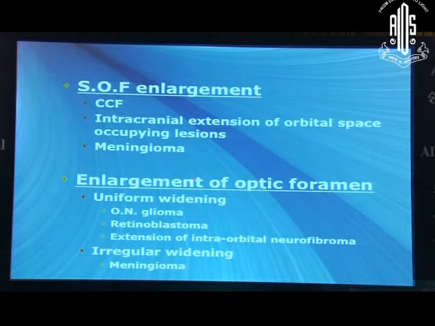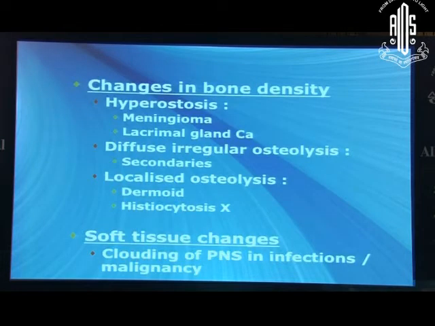These are the same clues that you can get on CT scans as well. Hyperostosis or osteolysis, diffuse or localized, may give a clue to the nature of the pathology.